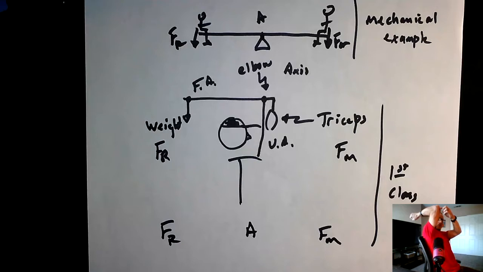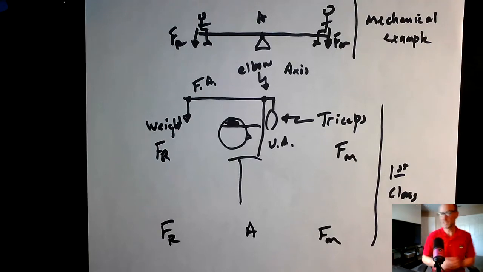And then if I hold a weight in my hand, that would be a resistance force. And the olecranon process and the weight are actually on opposite sides of the axis of rotation. Okay? So now, as this creates rotation, the weight will cause resistance, and they're on opposite sides of the axis of rotation. Right? And that's a first-class lever.